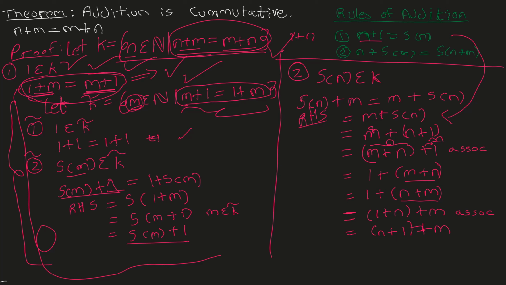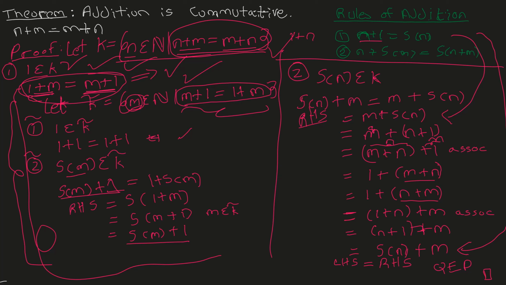And now n plus 1 plus m is the same as the successor of n plus m. Remember, we get this from the first rule of addition. So now the left hand side looks exactly like the right hand side. So we're done with the proof, QED, and we've just proved the commutativity of addition of natural numbers.